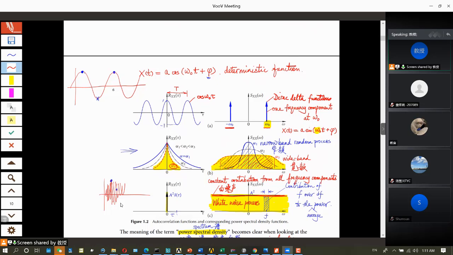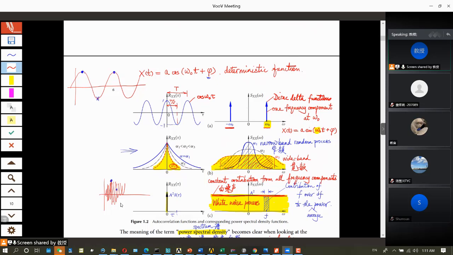After half a period, this value and this value are negatively correlated, with the correlation coefficient -1.